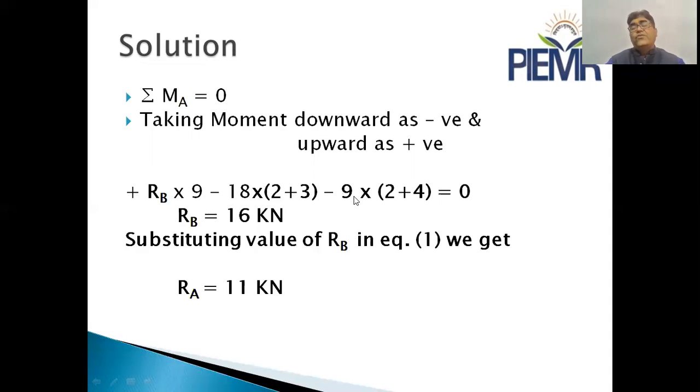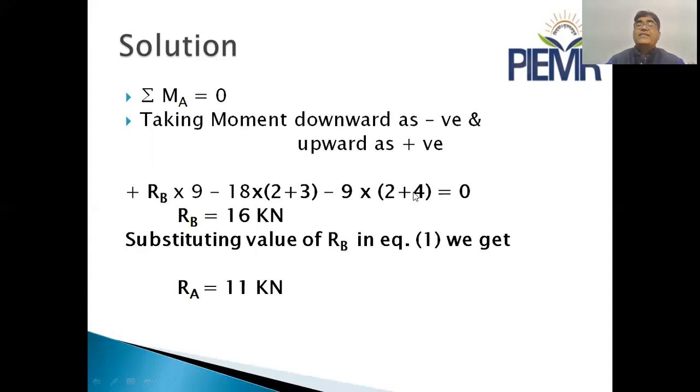And minus the other force, the UVL triangle. We have to find the total load, and then the point load, which comes out to be 9 kilonewton, and this 9 kilonewton force is multiplied by its distance from point A, which will be 2 plus the CG at 4 meters from the span.